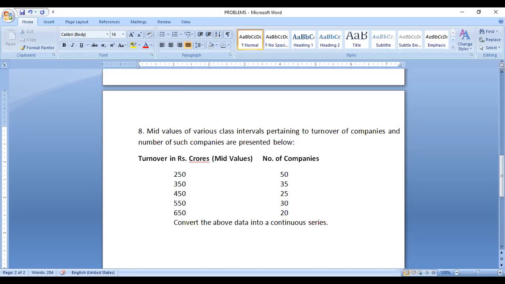Solution. Mid values can be converted into class intervals using the following formula.